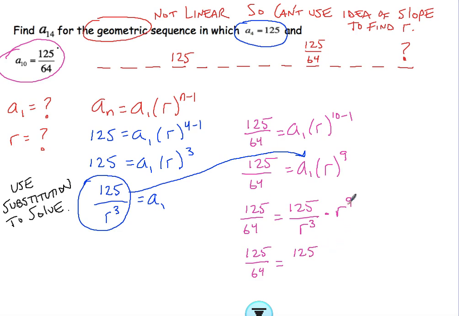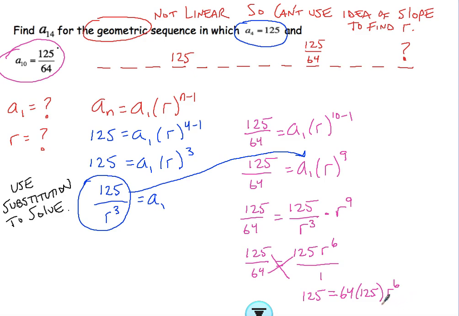If I cross out 3 from the top and 3 from the bottom, I'll be left with 6 r's on top. Now, technically, this is all over 1. And because I've got a fraction equal to a fraction, I could cross multiply. So I could do 125 times 1 equals 64 times 125 times r to the sixth.